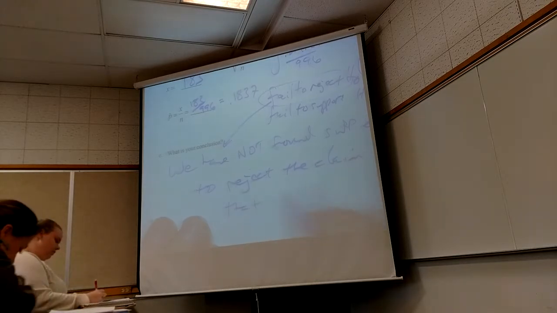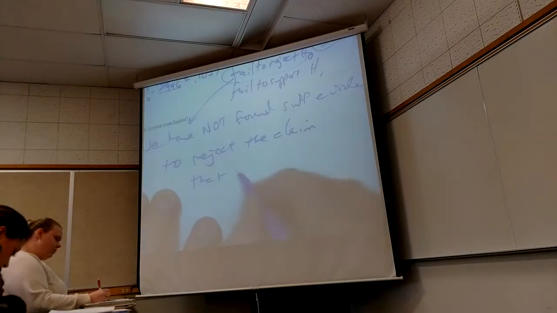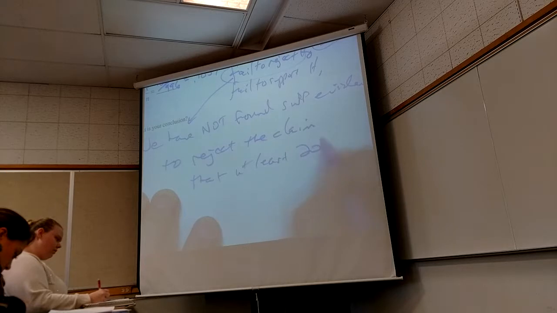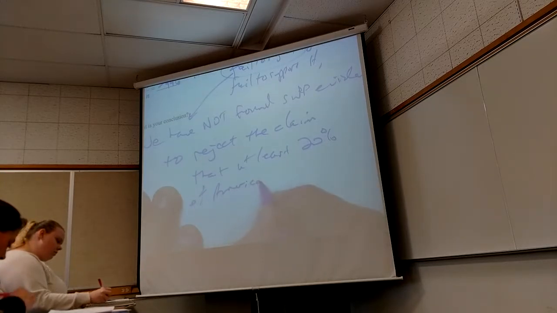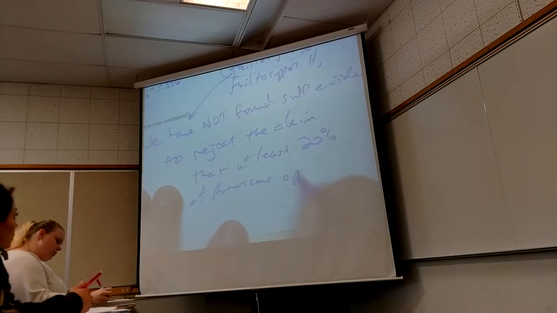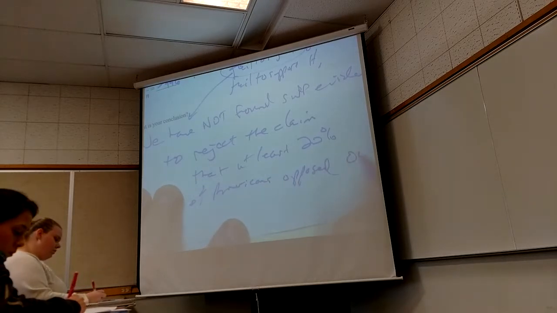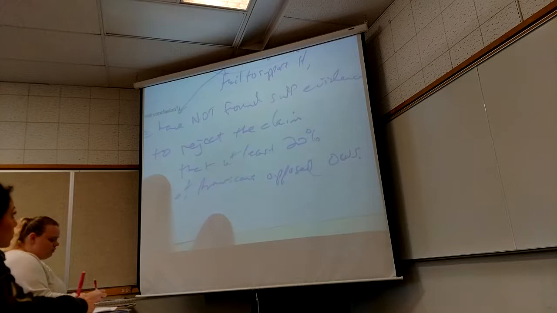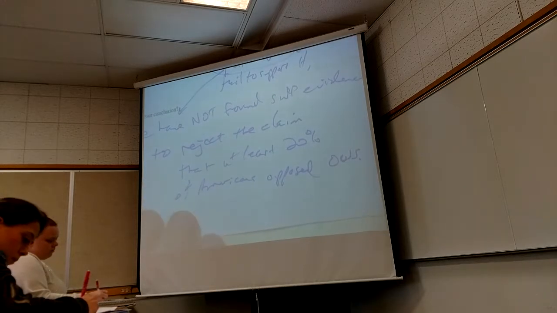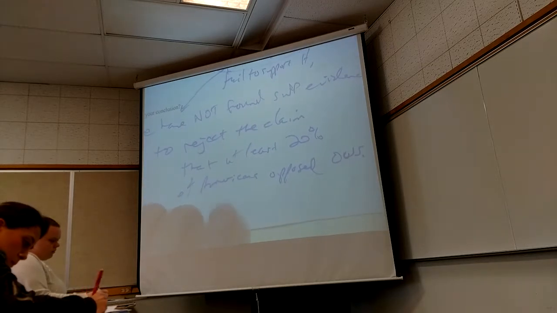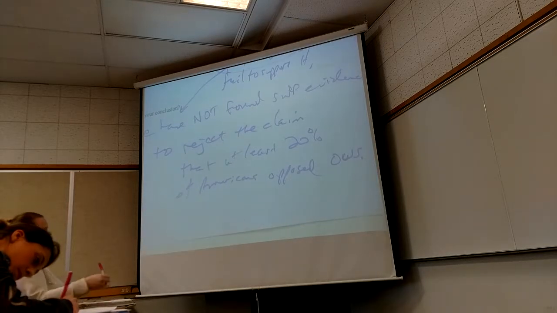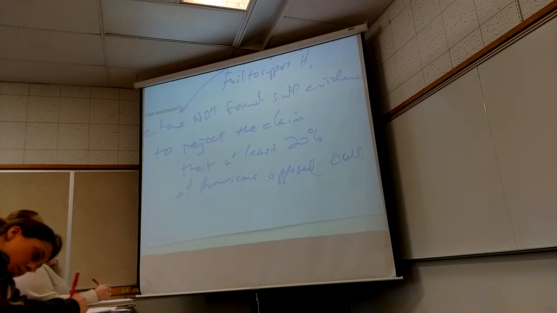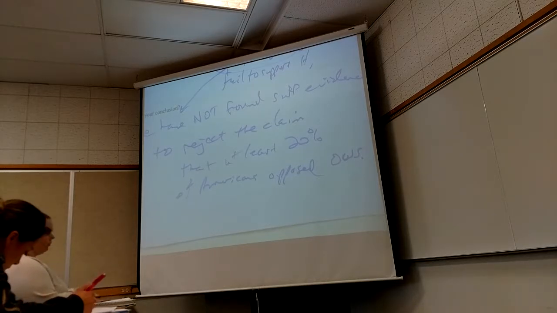At least 20% of Americans oppose the Occupy Wall Street movement. Yeah, and you can just steal it from there. At least 20% of Americans opposed OWS. We have not found sufficient evidence to reject the claim that at least 20% of Americans opposed OWS. And if that's our claim, this is a good result for us. We didn't reject it.